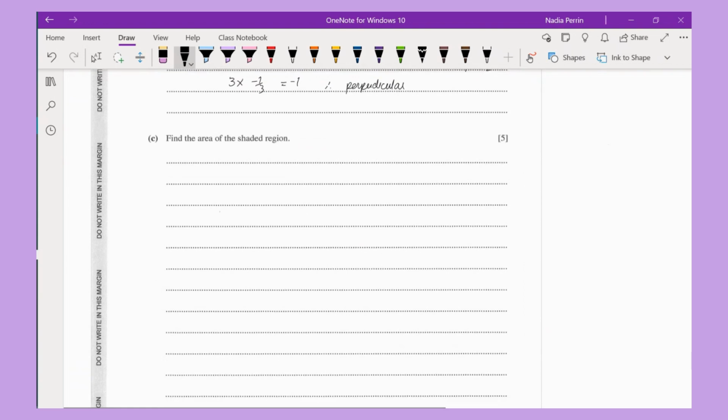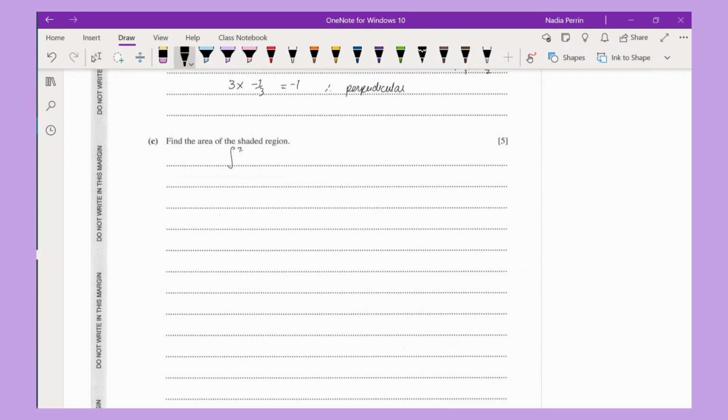So I would, first of all, tell the examiner that, because they love to give us method marks, even if I'm just writing down my strategy, really. And I always tell them over here, I'm doing the equation of AB, so they know what on earth I'm doing.